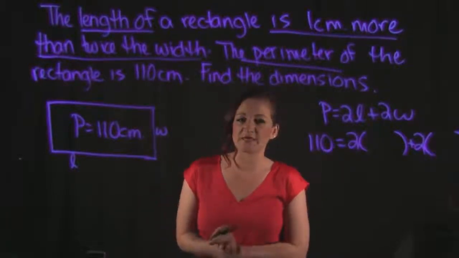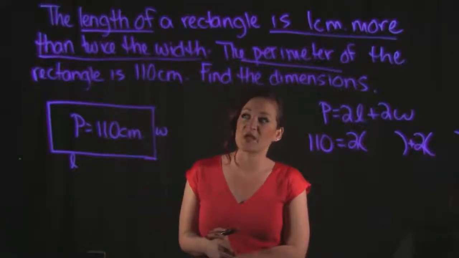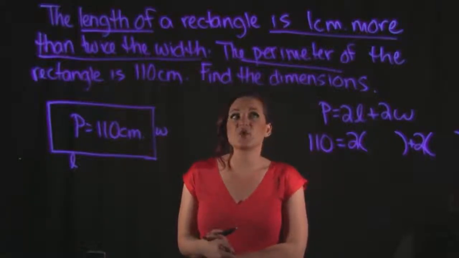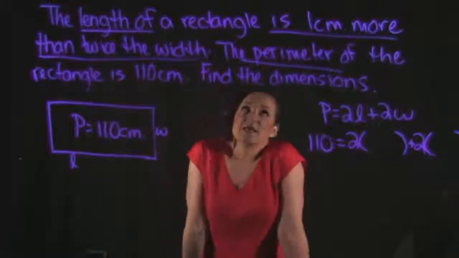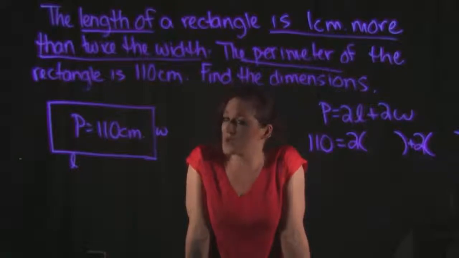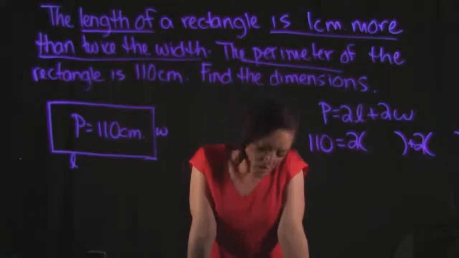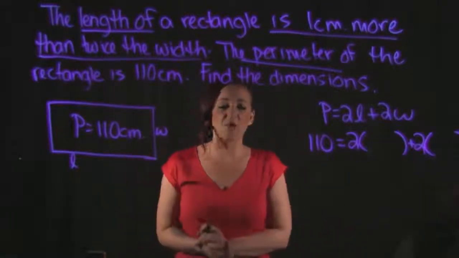All that translating stuff is meant to help you be able to comprehend word problems, application problems a little bit better. So whenever I look at this, 1 centimeter more than twice the width, well, first we have twice the width. So whatever the width is, we want double that. We want twice it. But we don't just want double it. We want 1 centimeter more than twice that width.